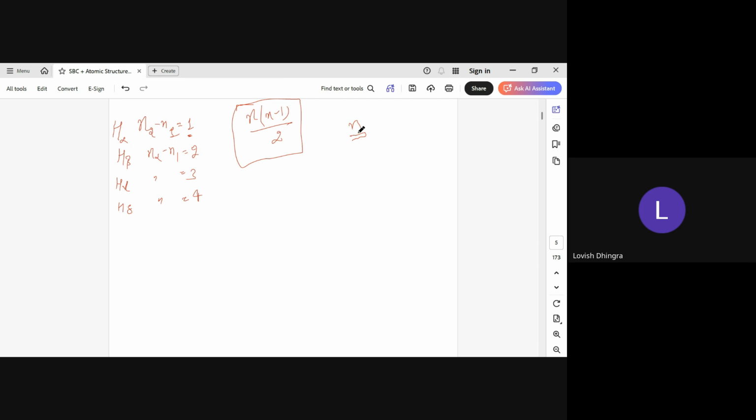This was given by Niels Bohr. Now what does this principal quantum number tell us? It basically determines the size and energy of the orbit. The maximum number of electrons that an orbit can accommodate is equal to 2n square, where n is the number of the orbit, it can be 1, 2, 3, and so on.